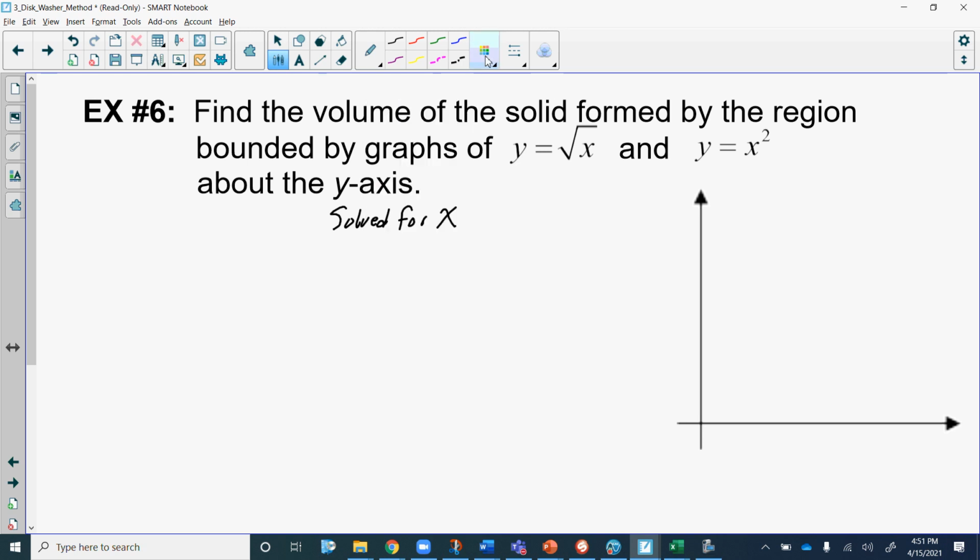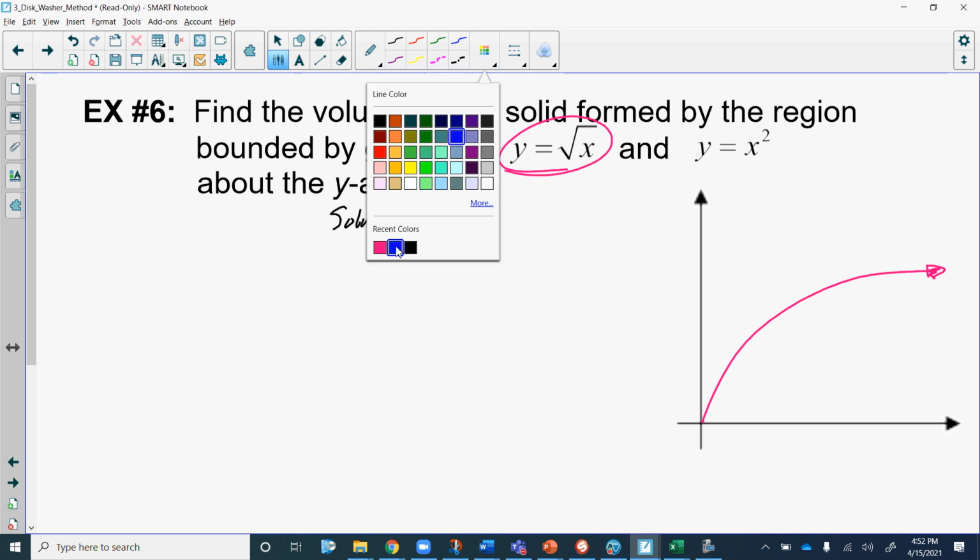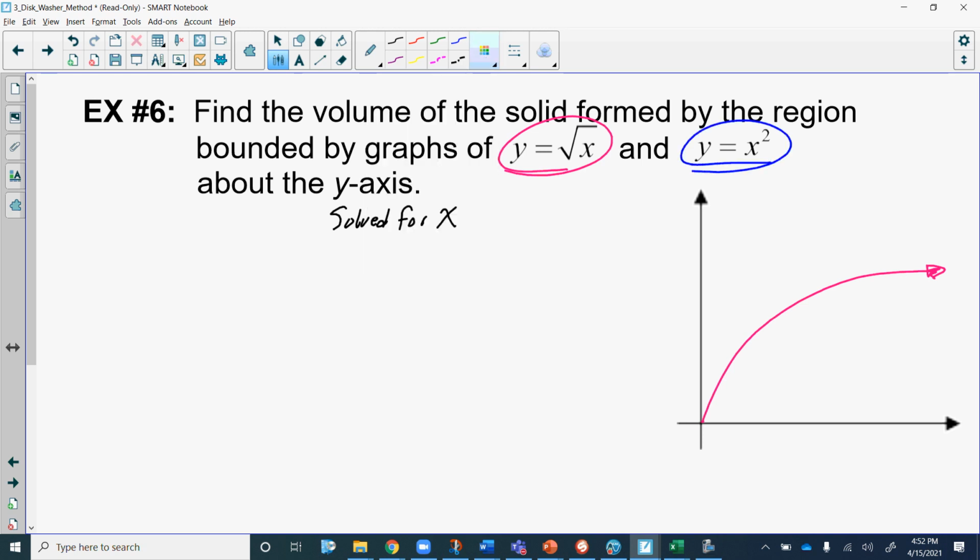So let's graph this function in that pinkish color. The square root function is going to be something like this. And we'll do blue for this one. If we were going to graph that one, I really only need to stay on this side here.